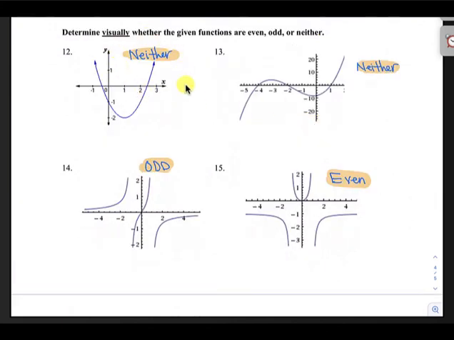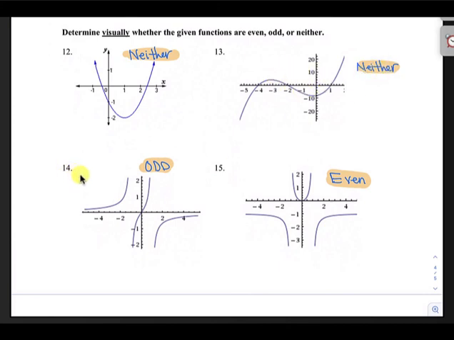All right, and then for these last 4 questions, determine visually whether the given functions are even, odd, or neither. Well, this graph right here is not symmetric across the y-axis, and it is not symmetric through the origin either, so this one is neither. Number 13, this graph is not symmetric across the y-axis, and it is not symmetric through the origin, so this is also neither.